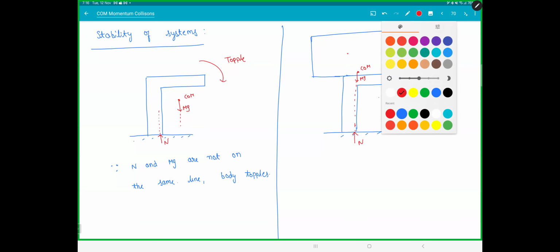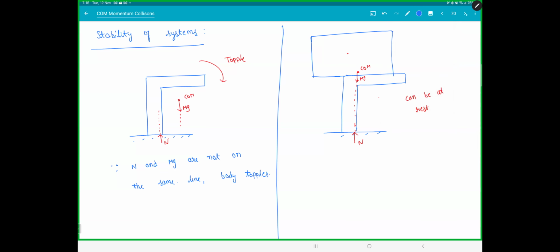So what changed? The idea was this. As long as the mg vector passes within the boundary of the surface in contact, the system remains at rest.